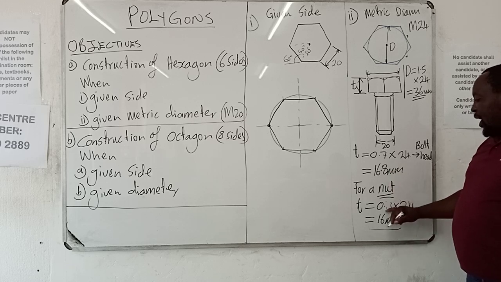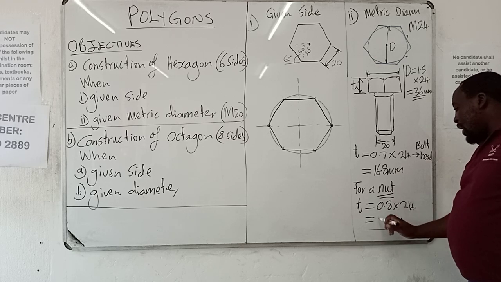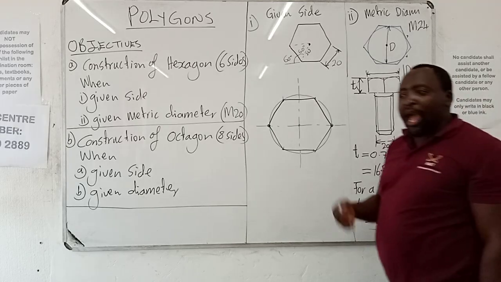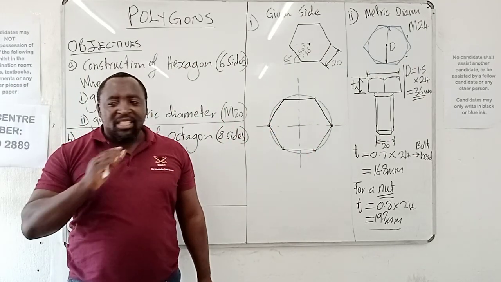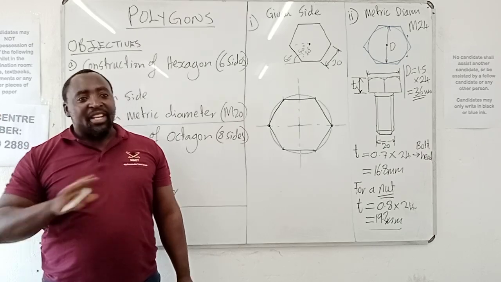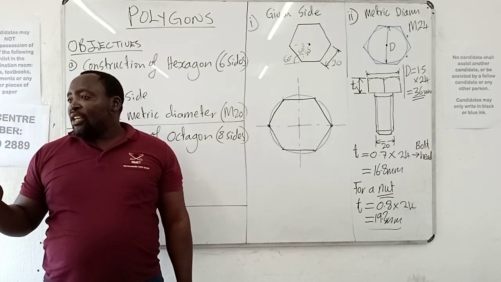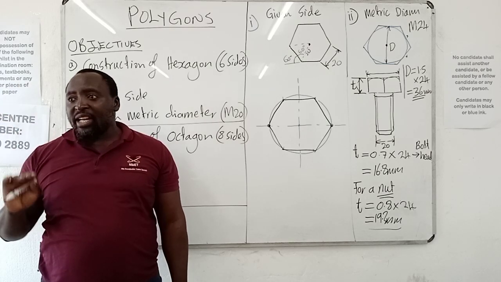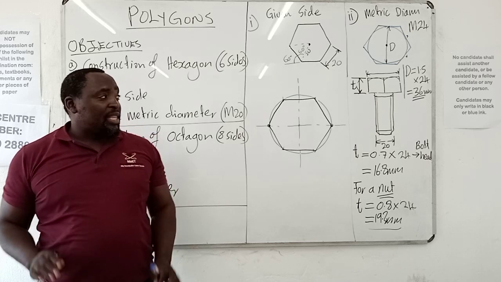Then 0.8 times 24 is 19.2. So can you see how they change? The 1.5 is standard, 0.7 is standard, 0.8 is standard for a nut. The only thing that changes is the metric diameter. Is that clear? Okay, thank you.